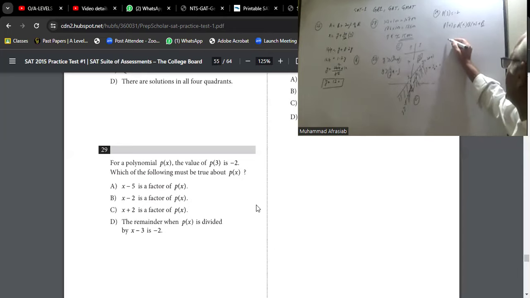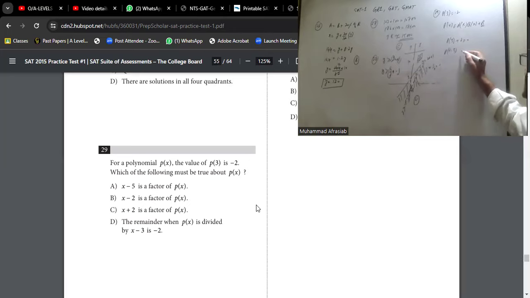So we can write this as P of 3 plus 2 is equal to 0. So we can see that at 3, it means x minus 3, the value there is -2.